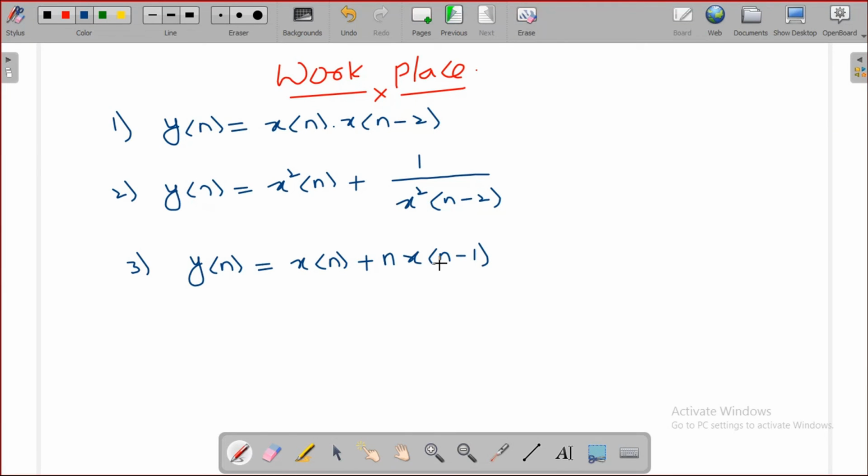Check for linearity and time invariance.